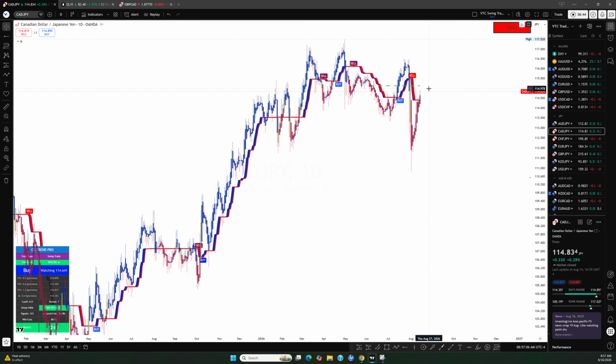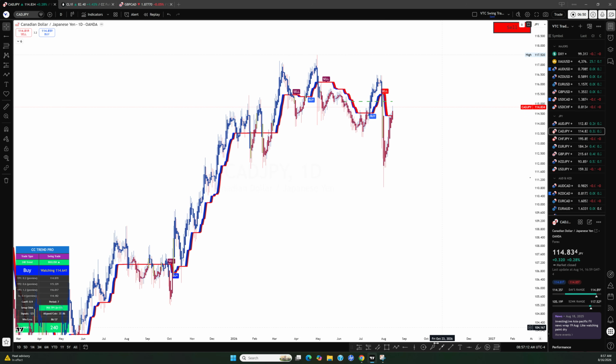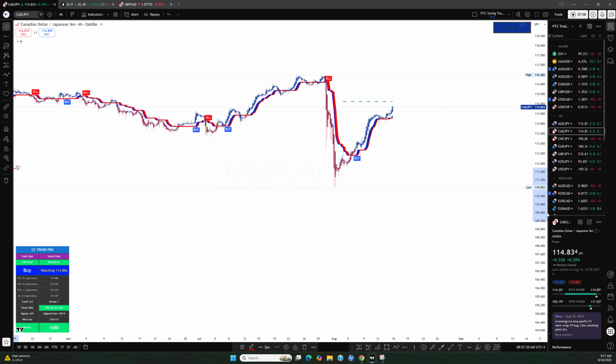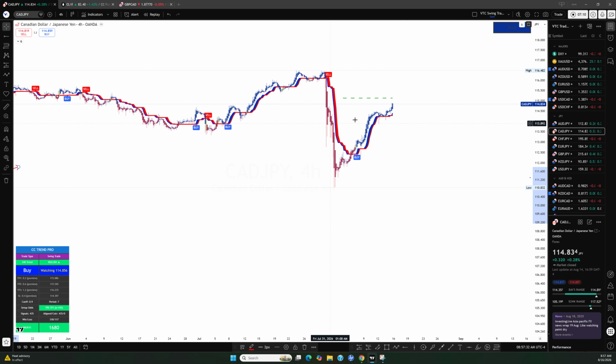Another lower high. So again, we can wait for the 4-hour time frame to become bearish, and then trade in the direction of the dominant time frame, which is the daily time frame. Or again, if you just have to get into a trade, you can continue to trade the 4-hour trend.